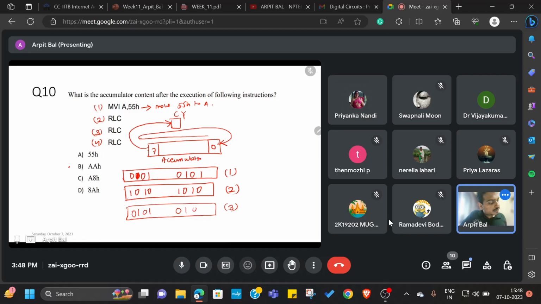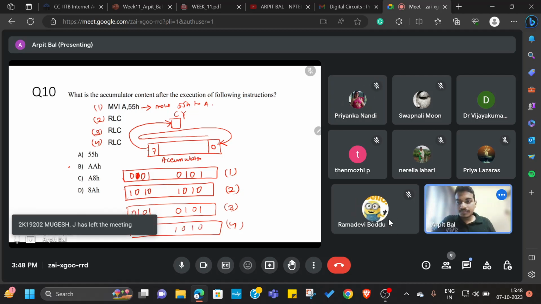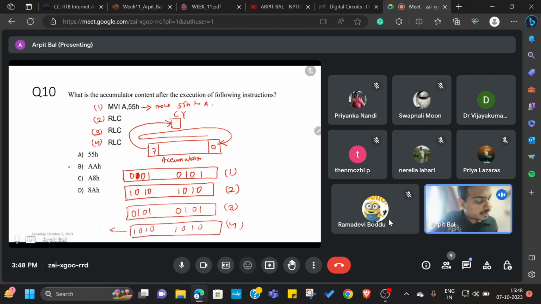Then in the last step, 1 0 1 0 1 0 1 0. So the final state is A. So option B is correct.